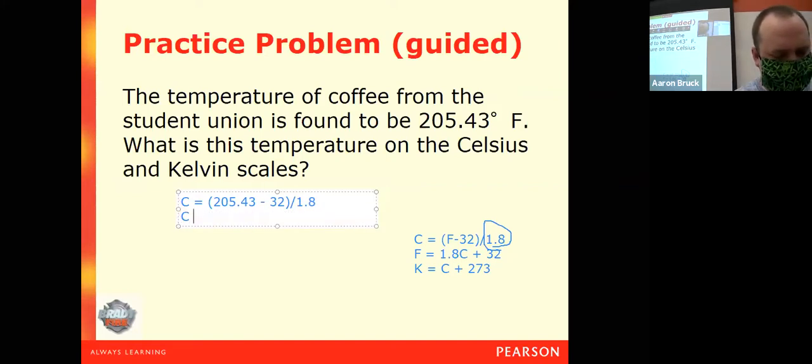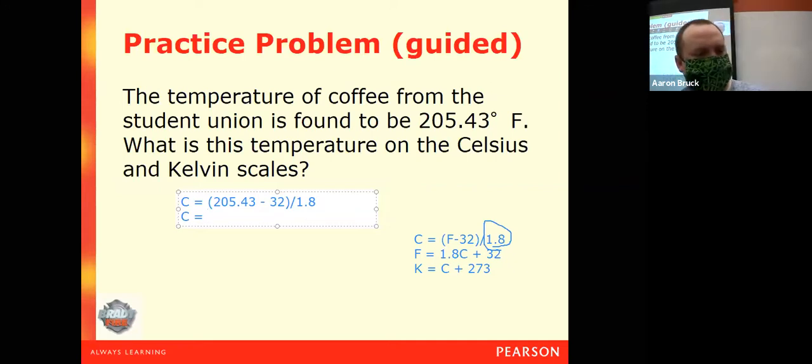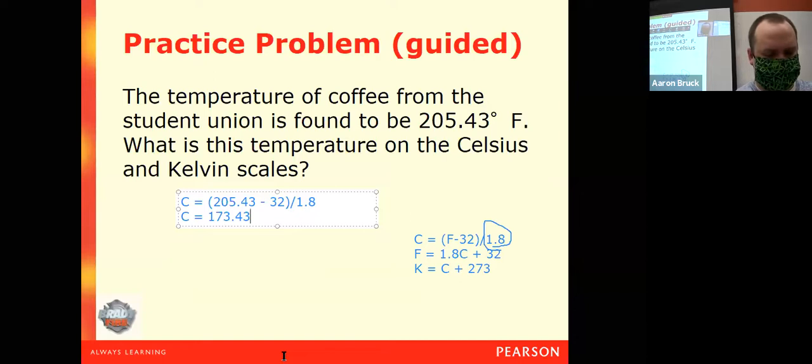Order of operations tells us to do the subtraction first. 205.43 minus 32 would give you 173.43. Now we take that and divide by 1.8.